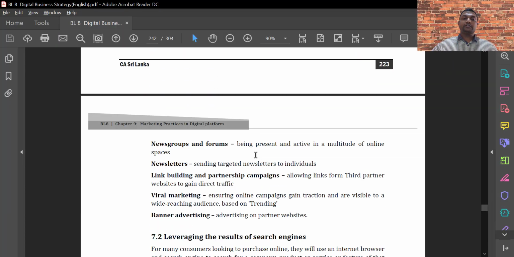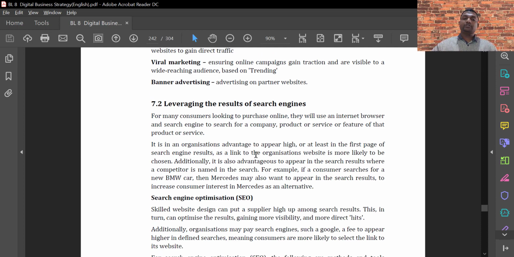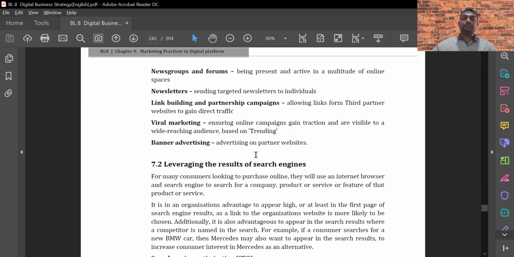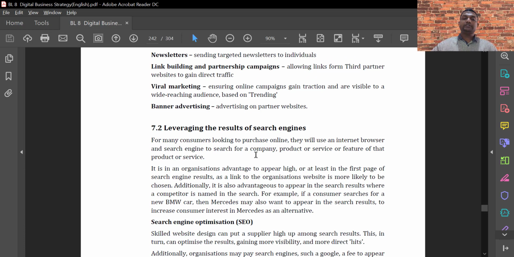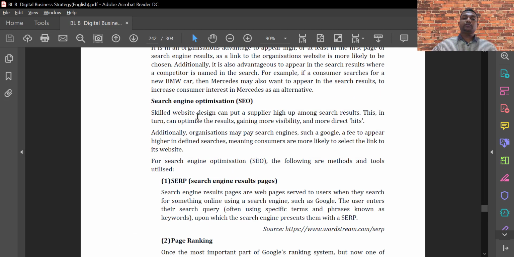Sometimes you might confuse this with other approaches as well, but this is more into how to do the marketing on a digital platform. One of the ways is that when you do search engine optimization, when someone searches for a related thing, the organization's web page also appears in the search results, so that potential customers tend to click on these links.